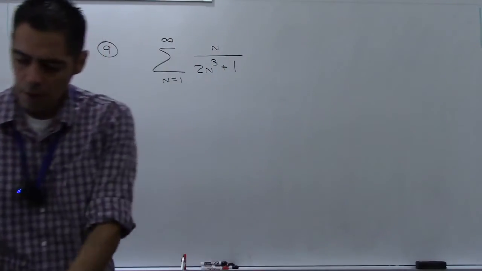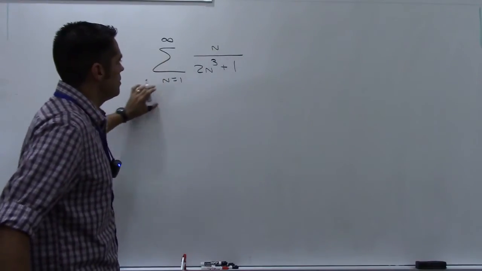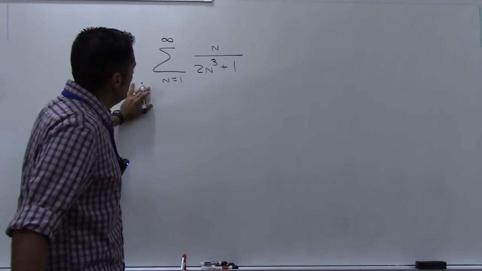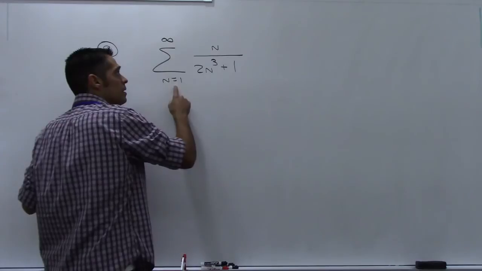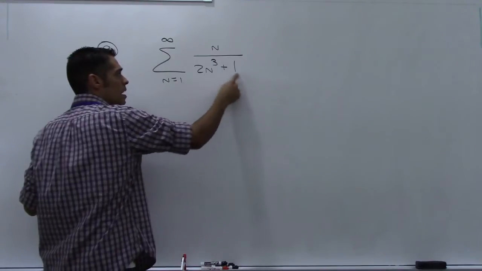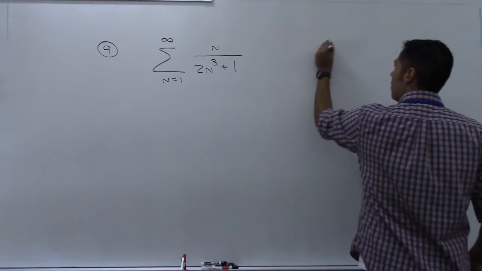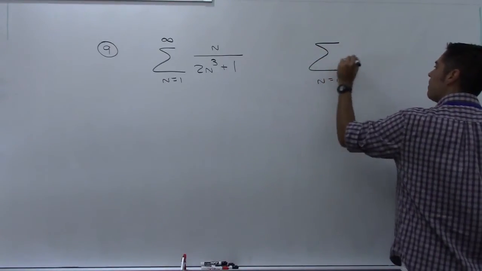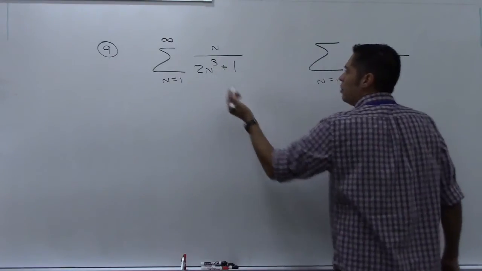All right. Well, if I'm going to look at a different series to compare this to, what I first think about is how does this behave if n is very big? If n is really big, this really just acts like n cubed in the denominator.